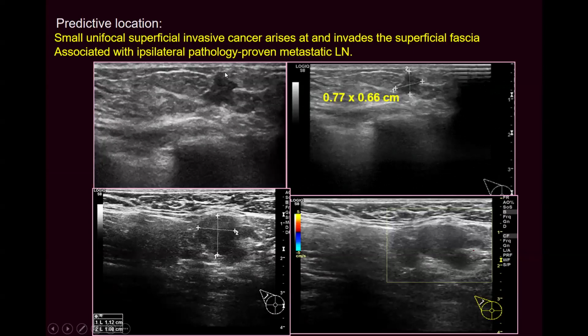Invading, okay? And this is the ipsilateral lymph node. Here, this is the lymph node, and this is the mass infiltrating the lymph node. Can you see it here? Irregular mass infiltrating the lymph node from these sub-centimeter lesions. And it was proven to be a metastatic lymph node.